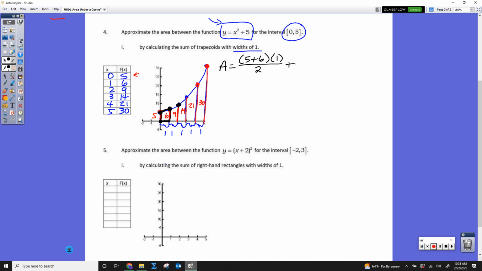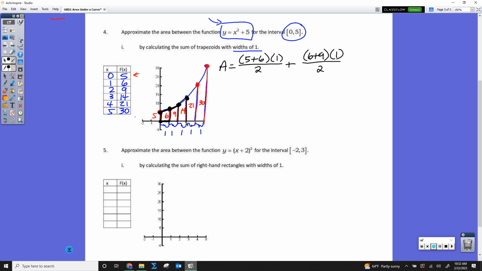Now we're going to do the exact same thing. Second trapezoid, I connect them, draw them down. There's our second trapezoid. It would be 6 plus 9, that's our bases, times our height, divided by 2. And continue that process. The next one's from here to here.